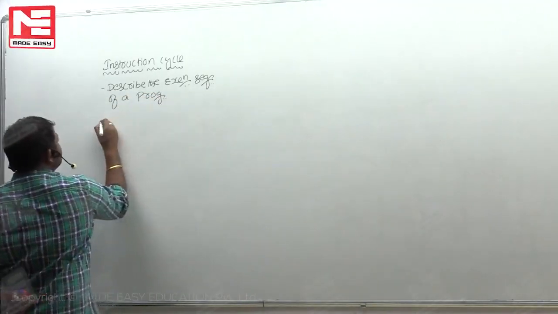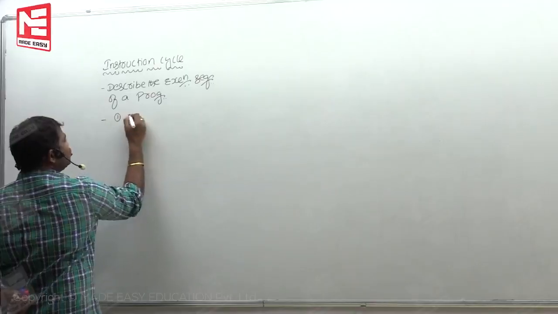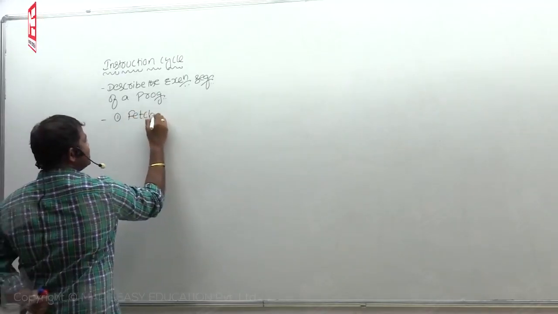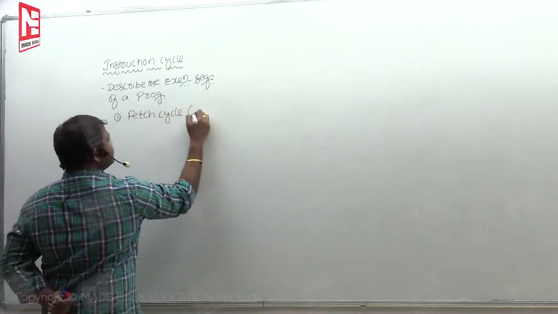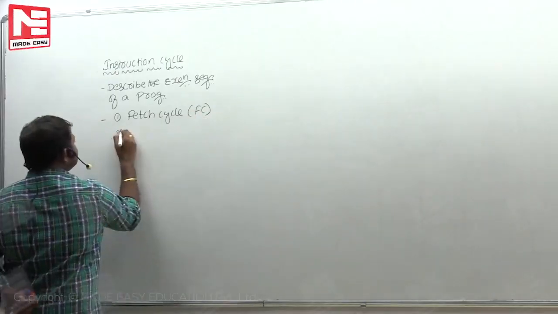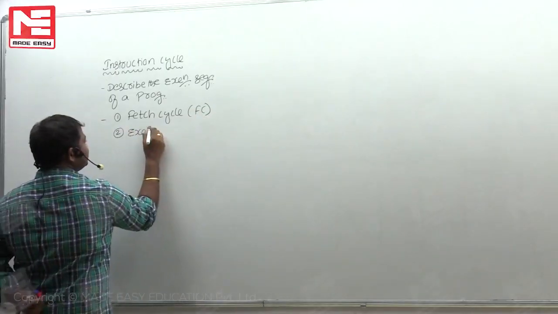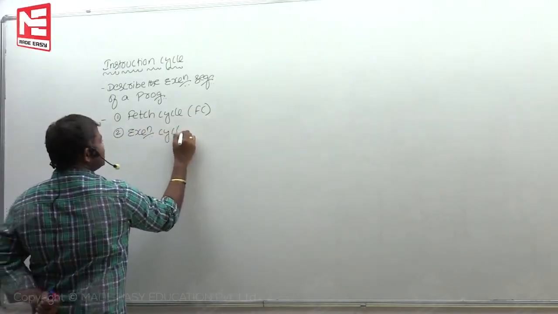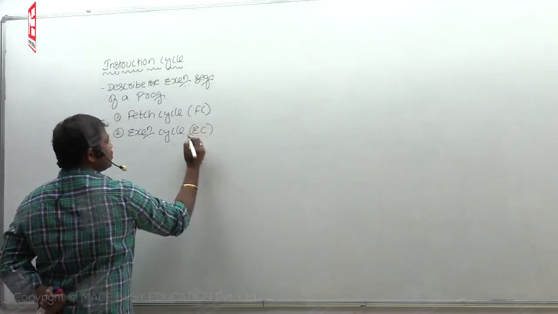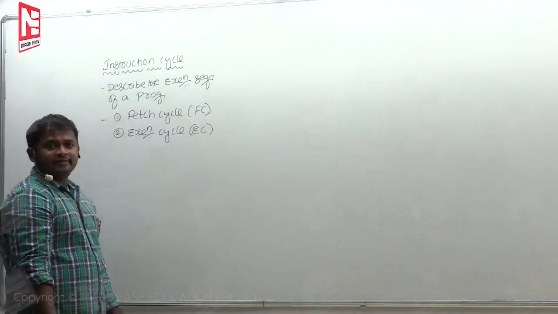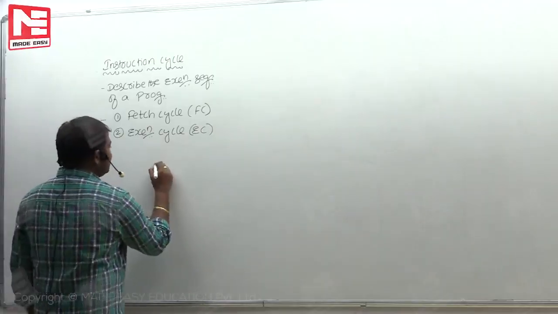Instruction cycle contains two subcycles: the fetch cycle, denoted as FC, and the execution cycle, denoted as EC.